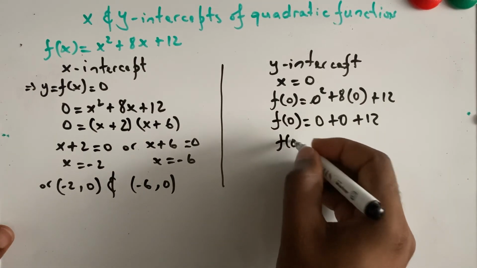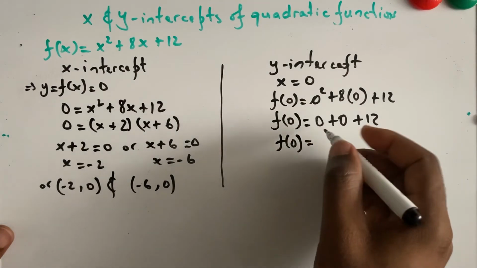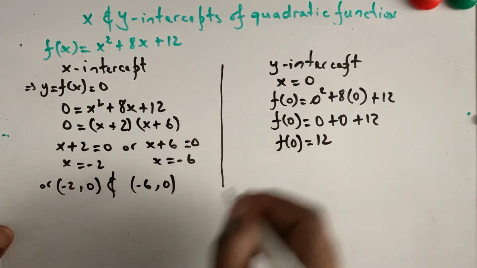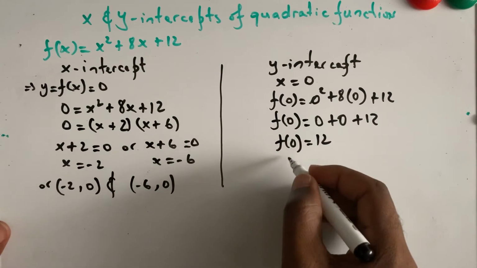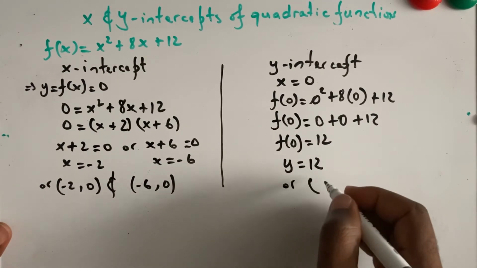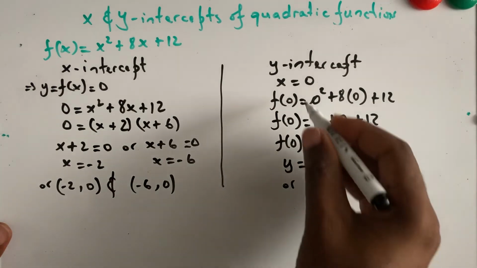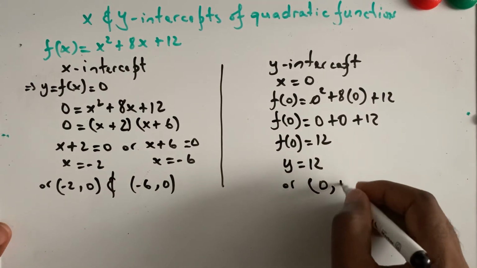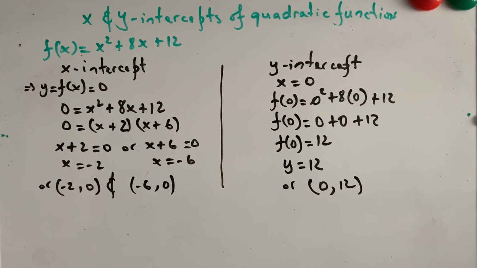So f of 0, which is the y value, is 12. You can have this as the answer, y equals 12, or an ordered pair, which is 0 for x and 12 for y, okay?